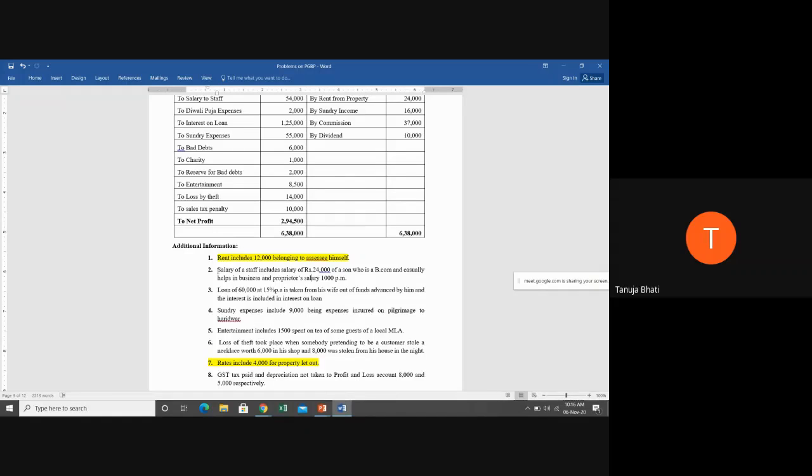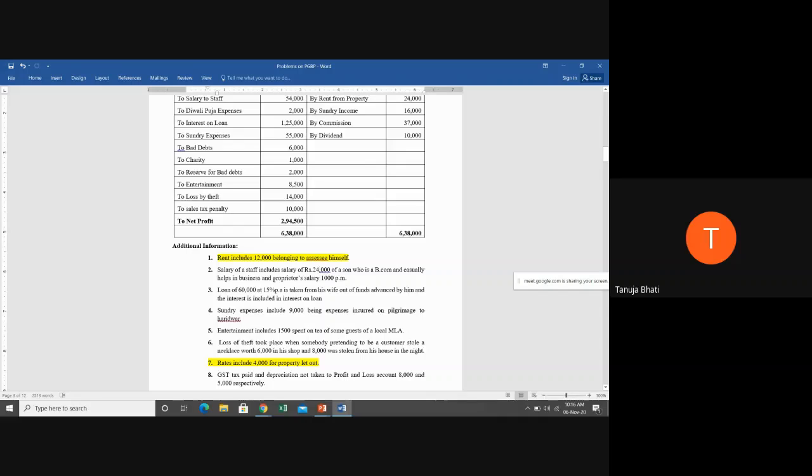It is going to be disallowed. Reason being, here he could have written even 54,000 to a son. Suppose the son is qualified and regularly helps his dad in his business, then we can say this is allowed. But here there is no genuineness, so it is disallowed.